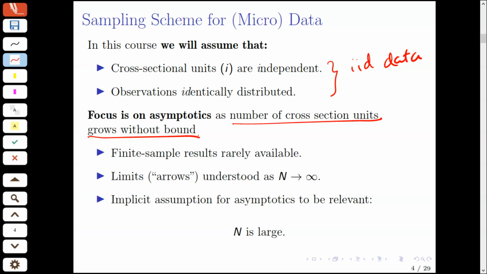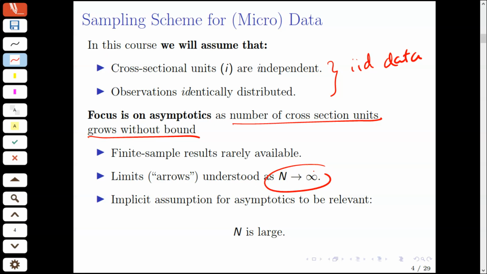That means that whenever you see a limit or an arrow of any sort in this course, it's understood as being some sort of convergence as n goes to infinity.